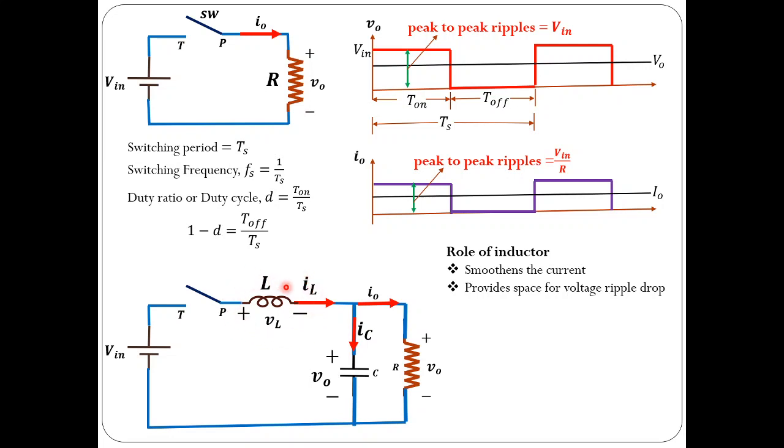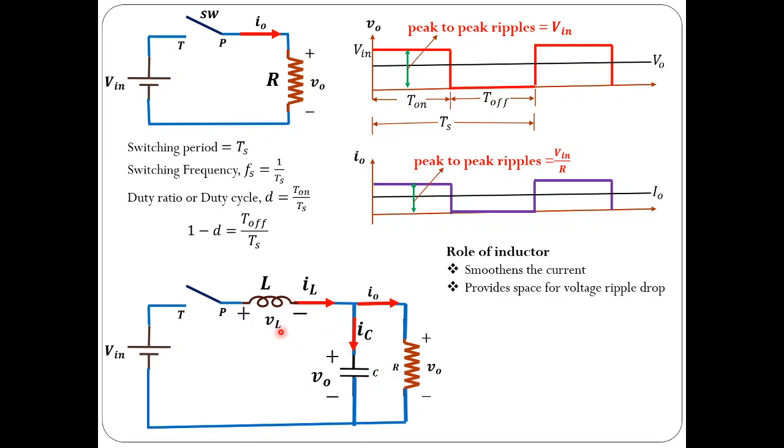The ripple voltage drop would take place across this inductor, so that the capacitor voltage, or the voltage across the load, both being equal, are going to be ripple free. So the role of the inductor is to smoothen the output current and also provide the space for the voltage ripple drop. The drop in the voltage ripple would appear as a drop across the inductor.